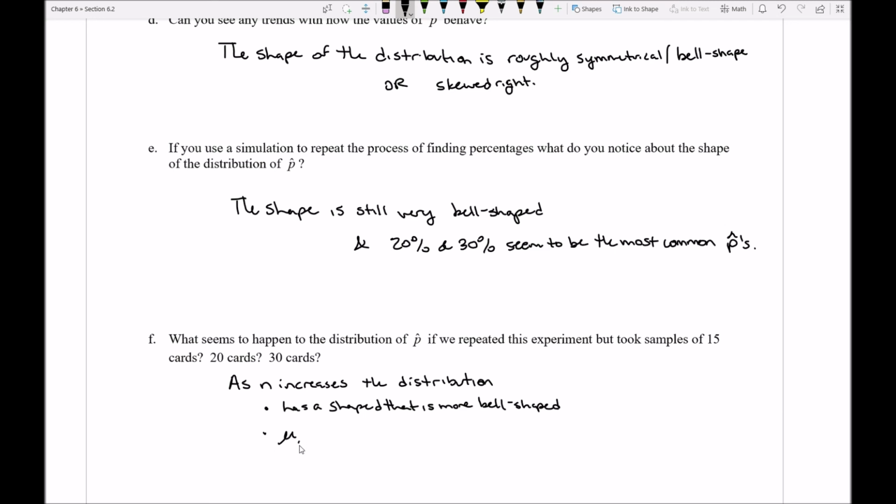I can see that the average of my p-hats, like the typical p-hat, is always around 25%, which very interestingly, remember, was exactly the percentage of cards in the whole deck that were actually hearts. And the very last thing is I could say that the standard deviation continued to get smaller. So these were all interesting properties that were true.